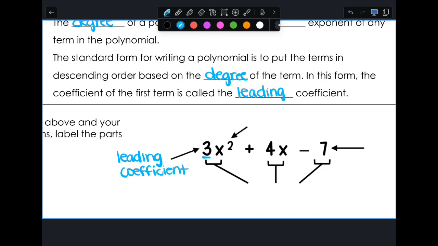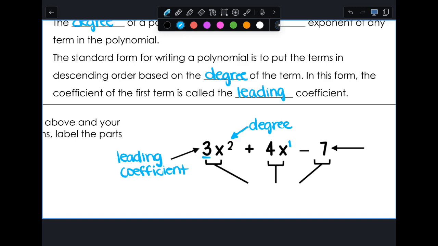This arrow up here is pointing to the 2, my exponent of 2, which is now called my what? The degree. Now the 4x has an exponent of 1, but your degree is always going to be the highest exponent, and the higher exponent is 2.